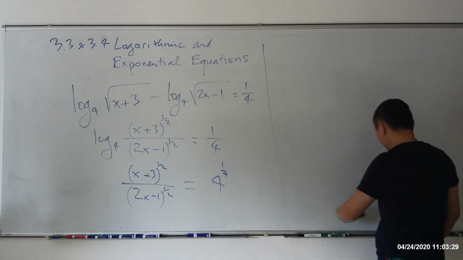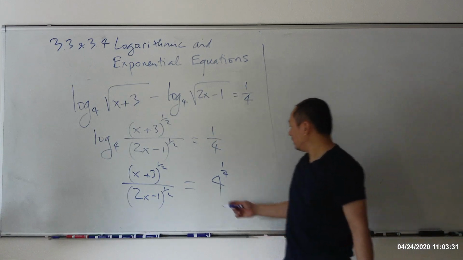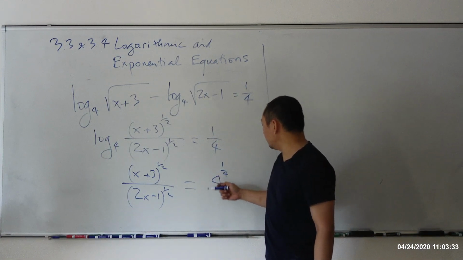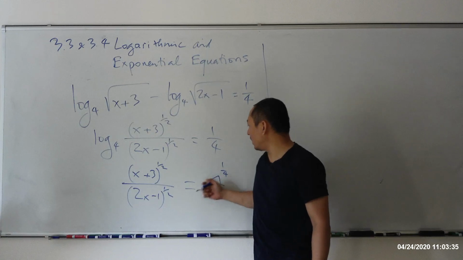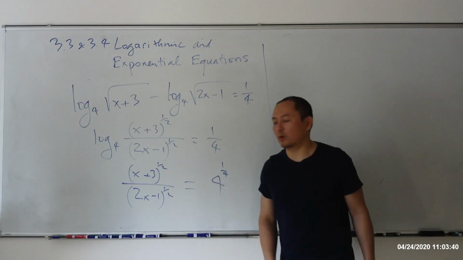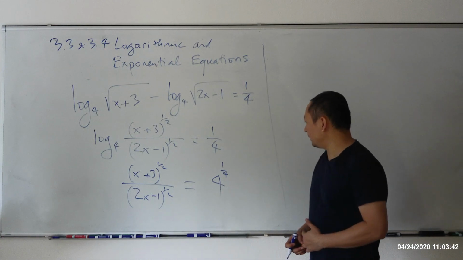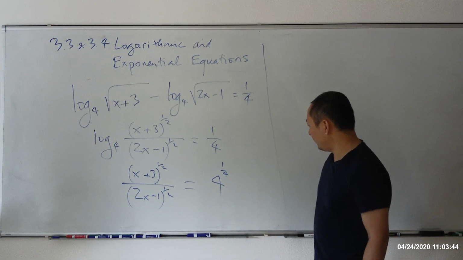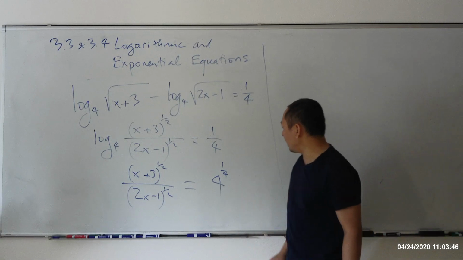There are many ways for you guys to think of it. 4 to the 1/4 is the square root of 2, or 2 to the 1/2, and you raise to 1/2 both sides. That would work, or just simply raise both sides to the 4 exponent. I think 1/2 is better.